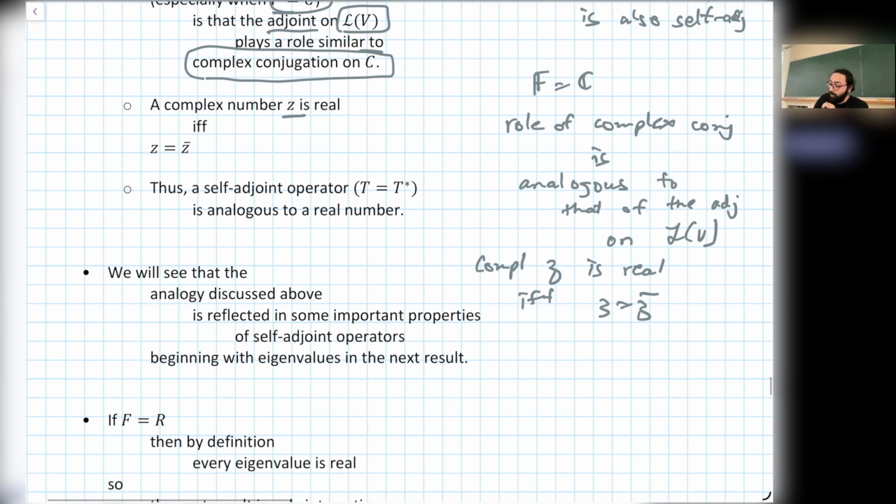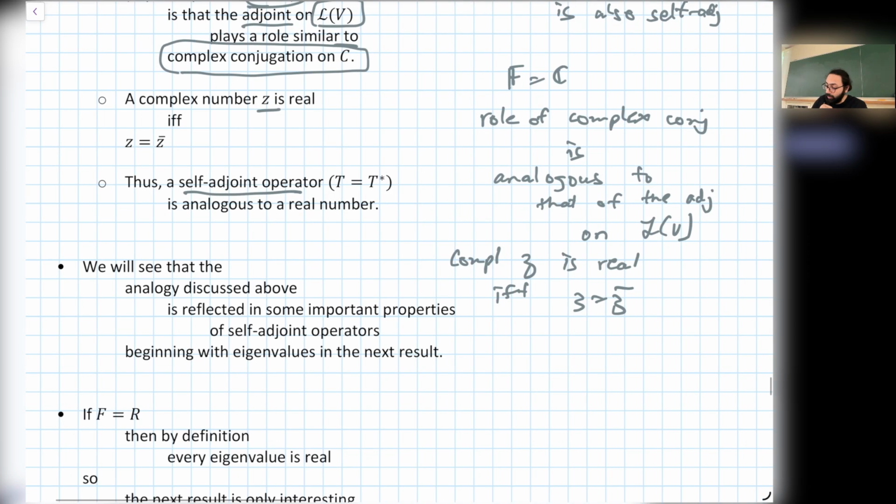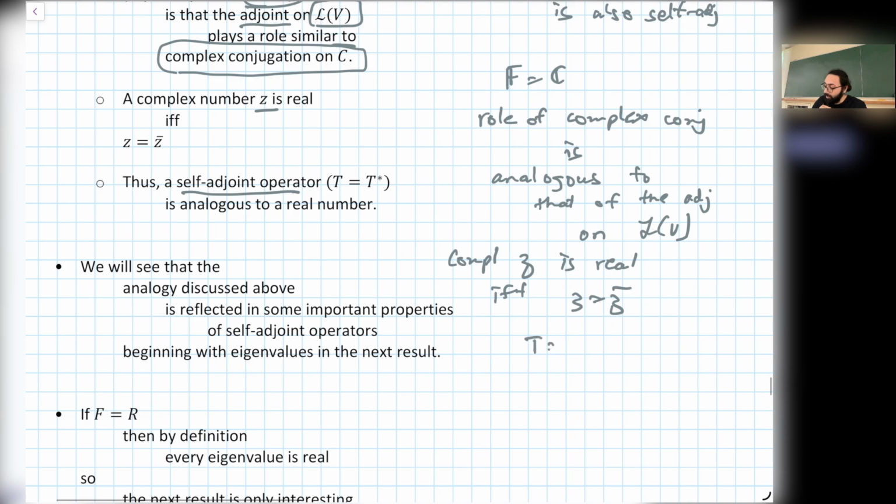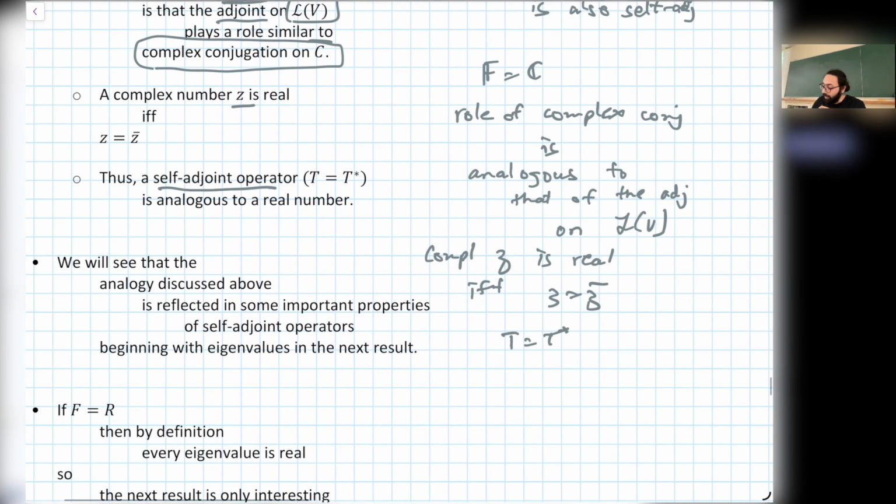Now, what can one say about the self-adjoint operator? If you have T equals T star, then T behaves like a real operator. Of course, I'm not making this very precise at this point, but that is the intuition.